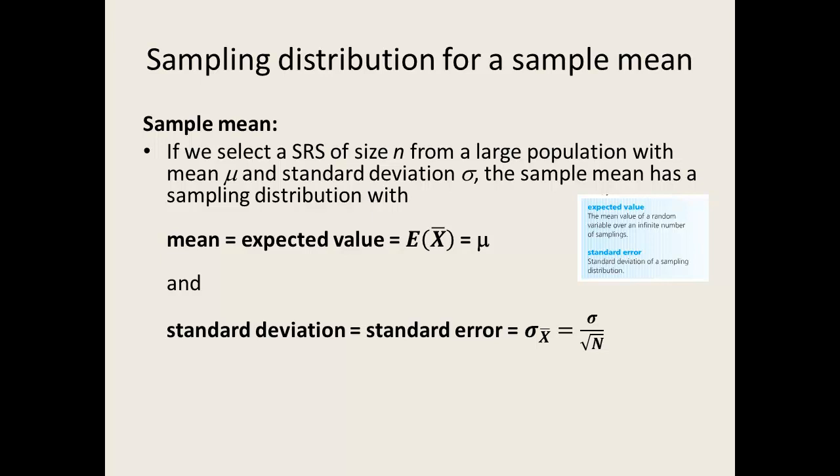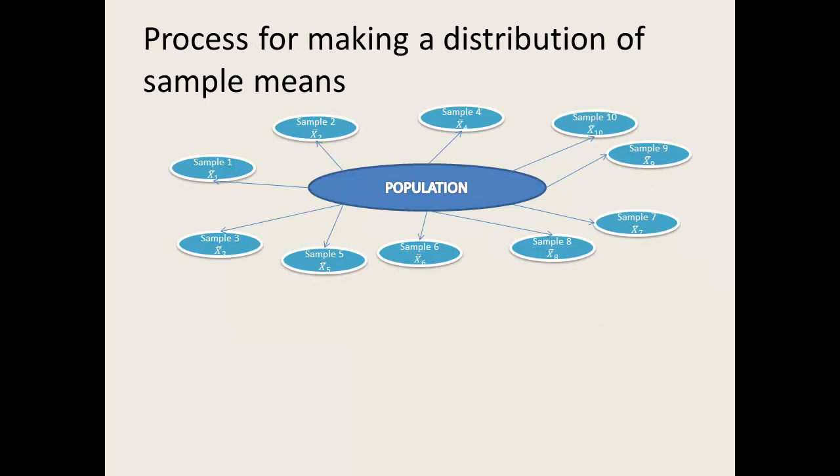Instead, the standard deviation is calculated by dividing the population standard deviation by the square root of the number of observations in each sample. To help us understand this concept, let us imagine that instead of just taking one sample, we repeat the sampling process infinite times. From each repetition, we calculate and record the value of the sample mean so that we now have many observations of x bar.